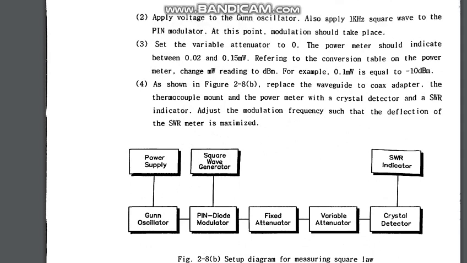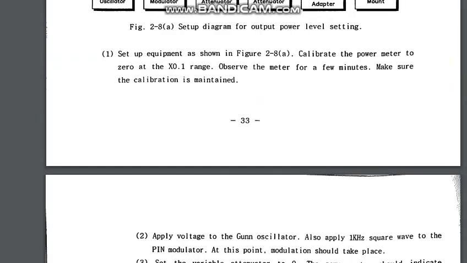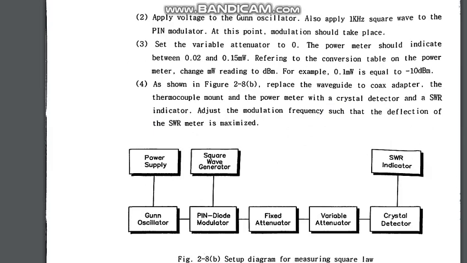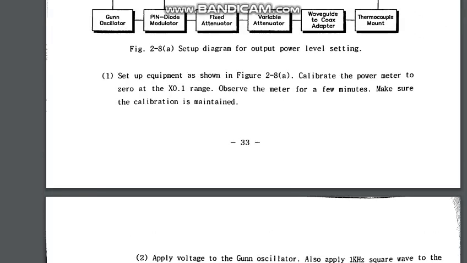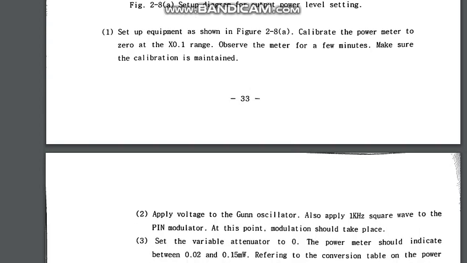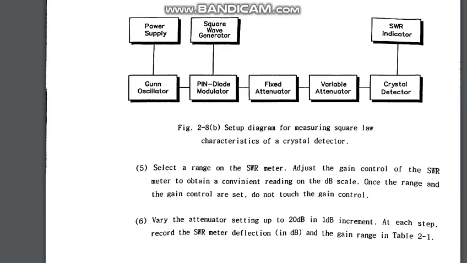You can now also check it in the same kind of setup. As you can see in the connections, there are some changes in that part. There was a waveguide to coaxial adapter and thermocouple mount, and just change the output section with the variable attenuator, the crystal detector to find it out, and the SWR indicator.